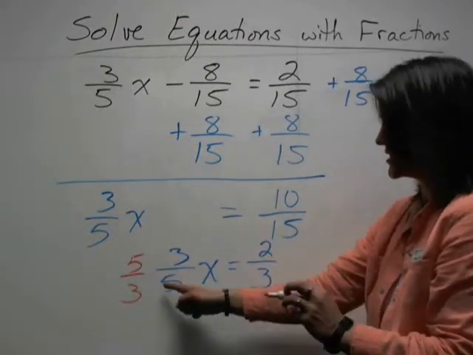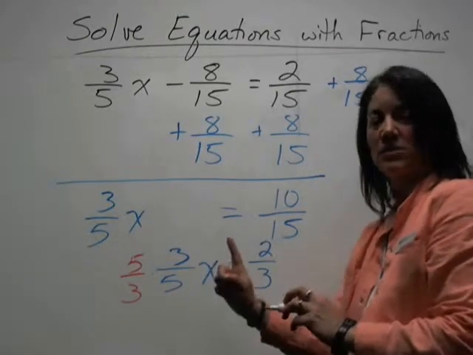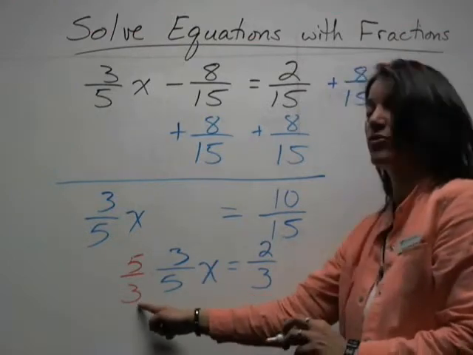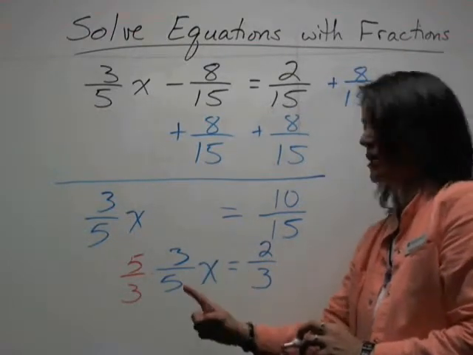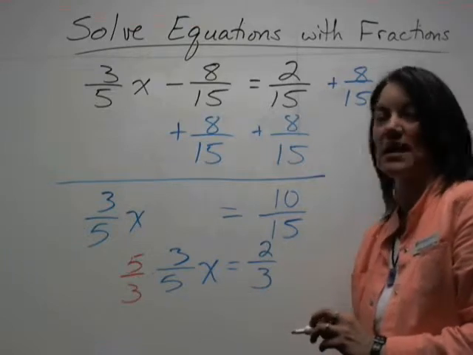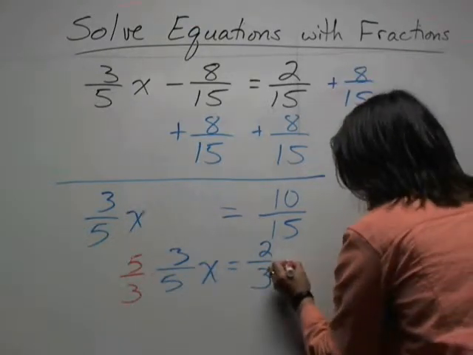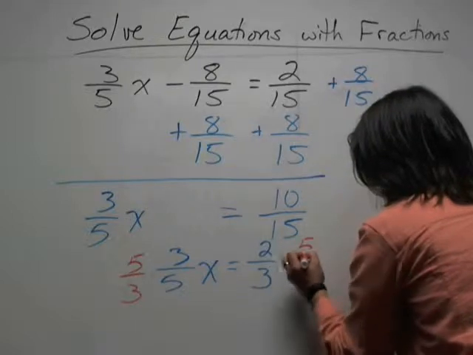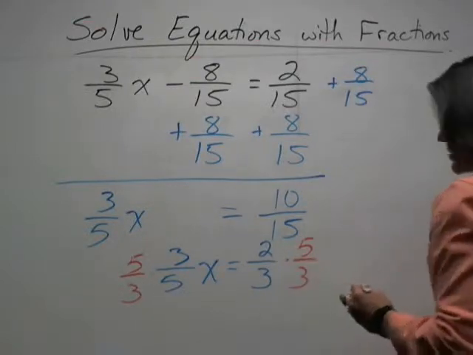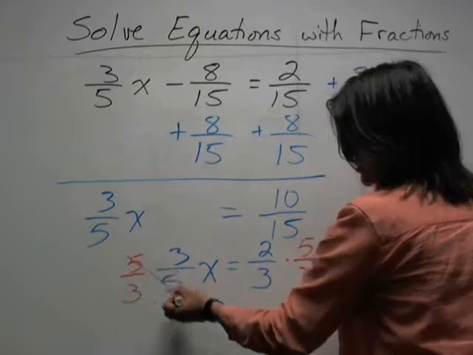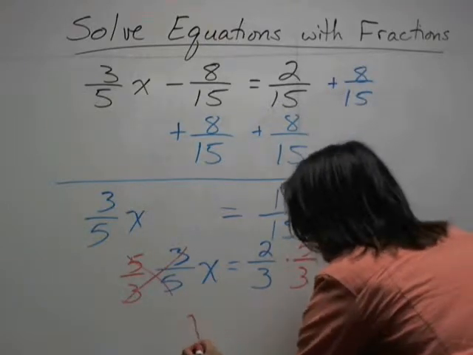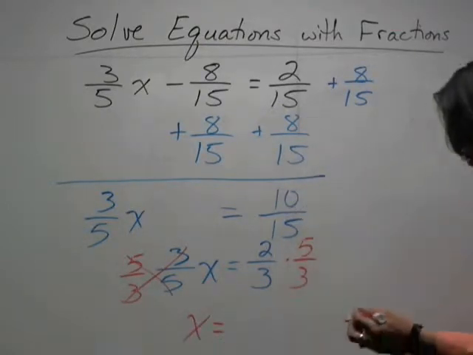That's because the 5 on top and the 5 on the bottom would cancel to a 1. The 3 on top and the 3 on the bottom would cancel to a 1. And 1 times x would just give me x. So if I multiply the left side by 5/3, I have to do the exact same thing to the right side. Multiply by 5/3. As I just stated, this stuff cancels, and I'm left with x is equal to.